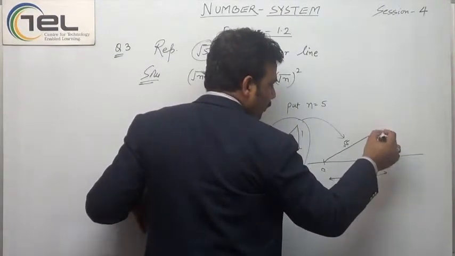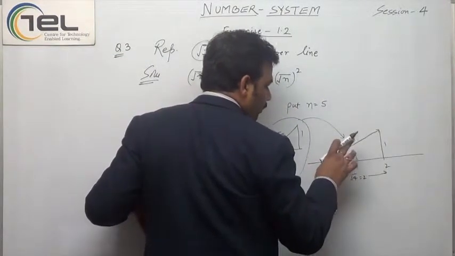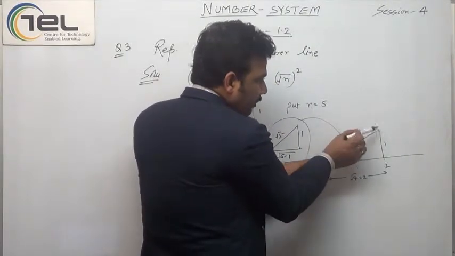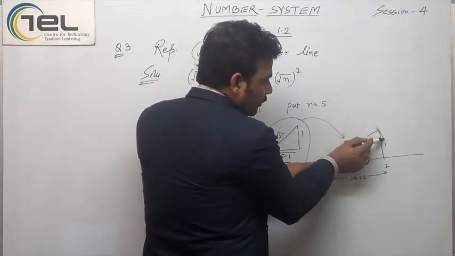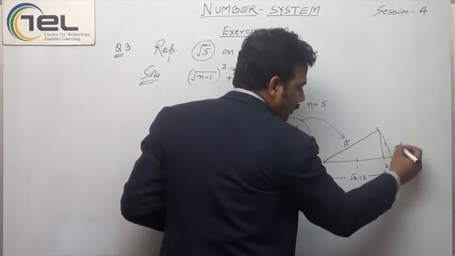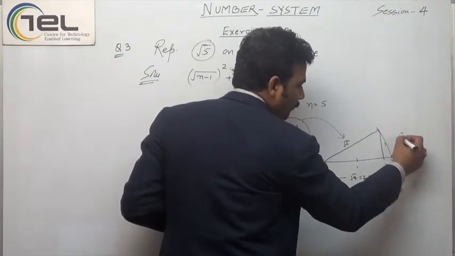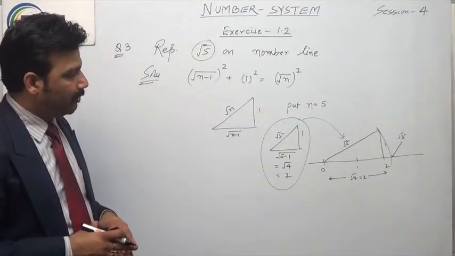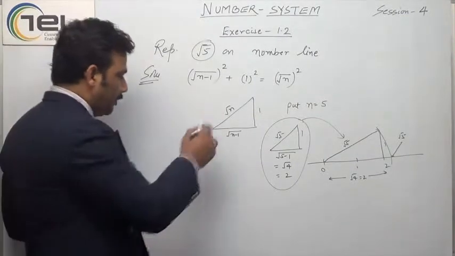And then I will take the pointer of my compass here and mark like this. This represents root 5. So this is how I can represent square root of 5 on the number line.